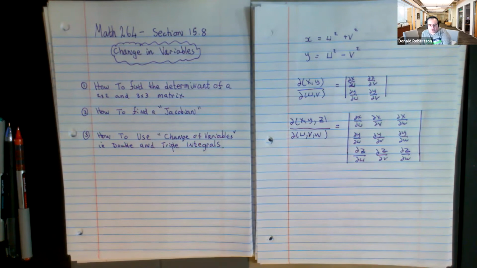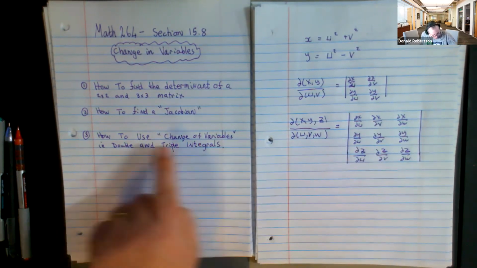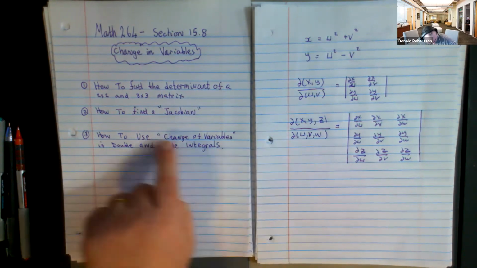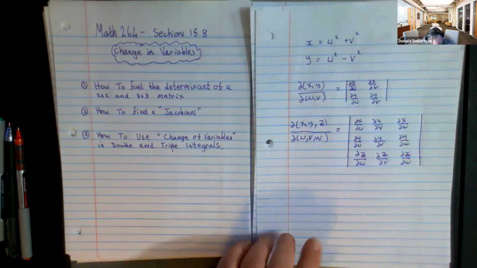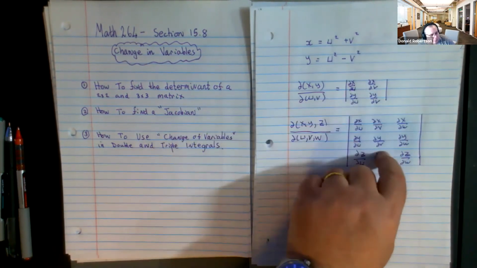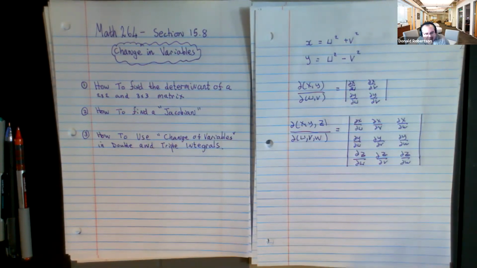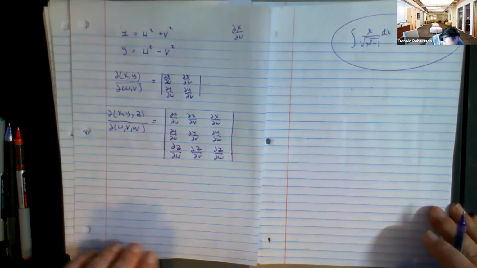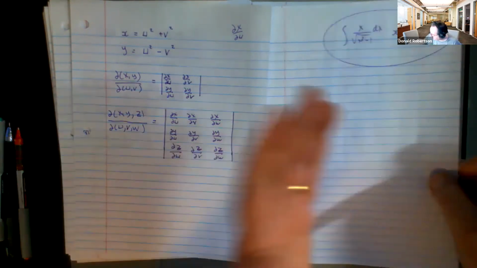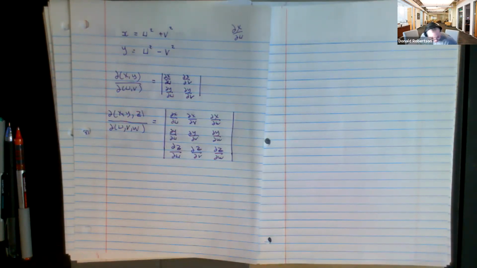And the reason why we need these Jacobians is that when we eventually come to tomorrow, probably, the change in variable, this is going to be an integral, important part of that process. So let's show you some Jacobians, which are changing variables, essentially.